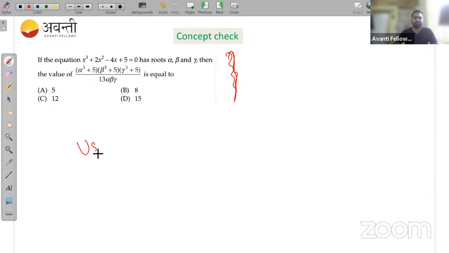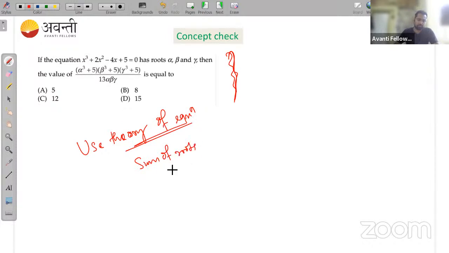Use theory of equations to find the sum of roots and product of roots, and try to solve this question.